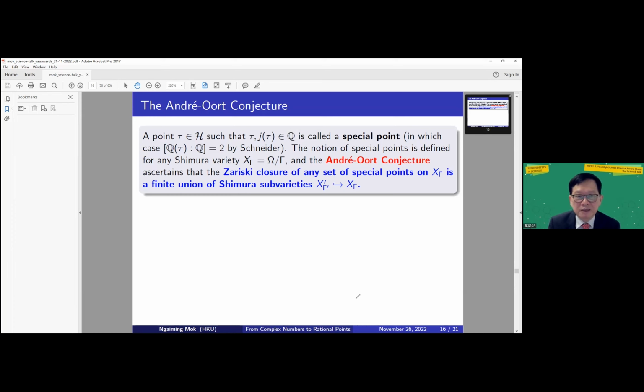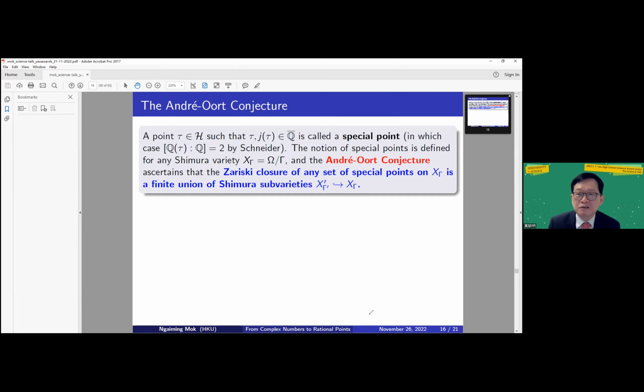The André-Oort conjecture concerns an infinite set of special points. These are called special points. If I give you a countably infinite set of special points on a Shimura variety, which simply means omega mod gamma, this is a generalization of the complex plane, so to speak.